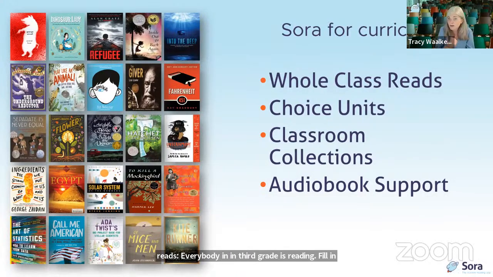Choice units, where you don't know how many copies you might need of a given title. Classroom collections, which often need to be replaced almost annually because of how much use they are getting. We have the ability to help support the growth of that, utilizing both the Citywide Digital Library collection, but also custom collections in your school.